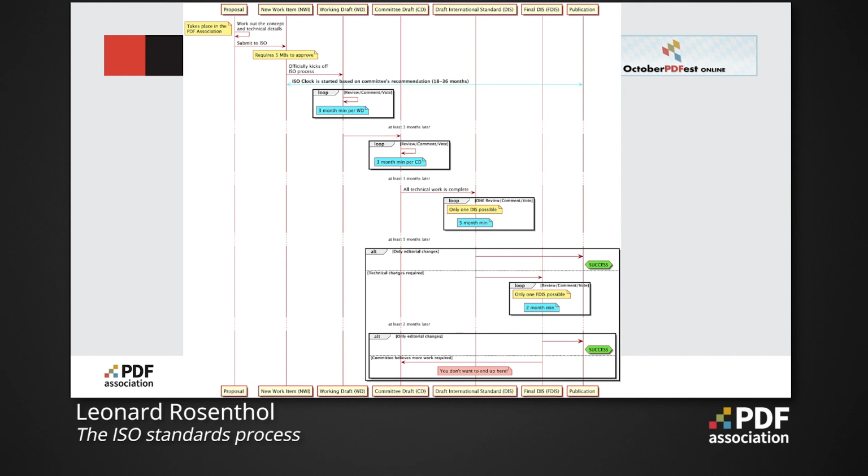In order to start a new work item, we have to find 4 countries, 4 member bodies, who are willing to back it. And each one of those member bodies also has to recommend an expert to serve on the committee to do that work. So assuming you get that, then we continue on. If you don't, then the project doesn't go anywhere.